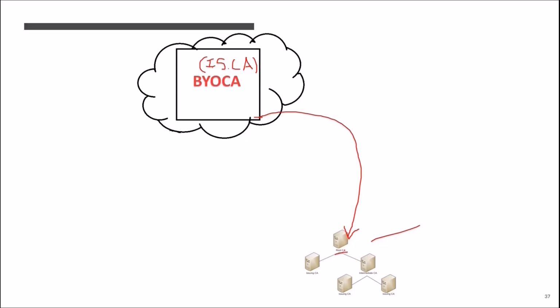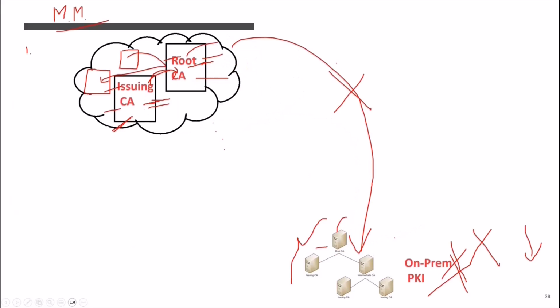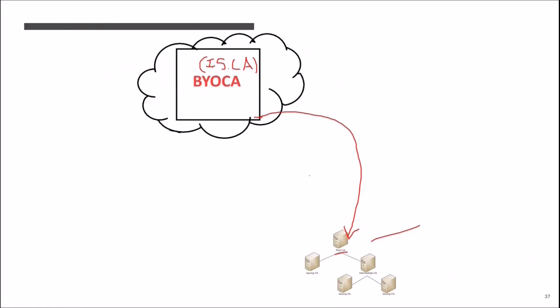The reason I brought this up is that this is a 1,000 feet overview of cloud PKI infrastructure. Let's say that tomorrow a customer comes to you and says they want to deploy cloud PKI, or you sign up for trial licenses for cloud PKI and want to give it a try. These are the things you need to decide beforehand, before you actually deploy cloud PKI: whether it is going to be a Microsoft managed setup or a BYOCA setup.